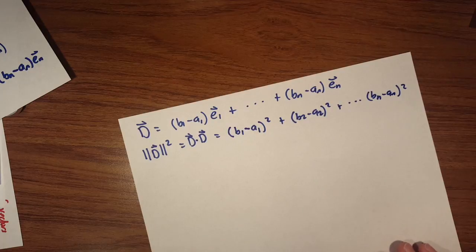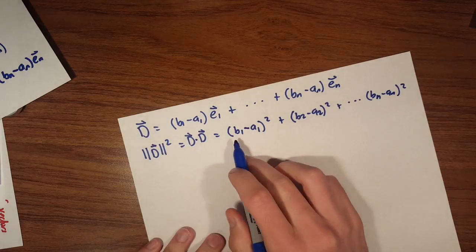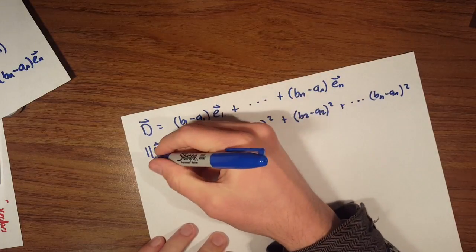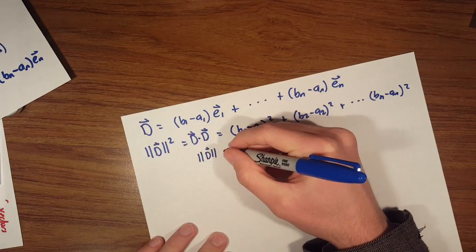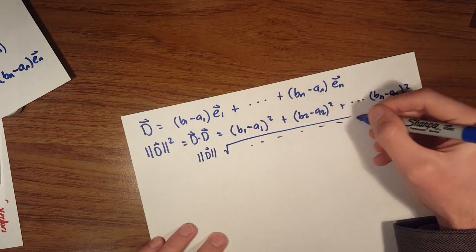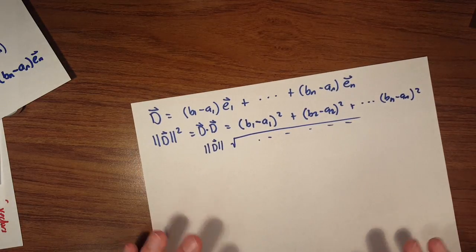Okay? Now, this is the distance formula, and then obviously the magnitude itself is going to be the square root of all that. I'm not going to write it all again, but you get the idea.